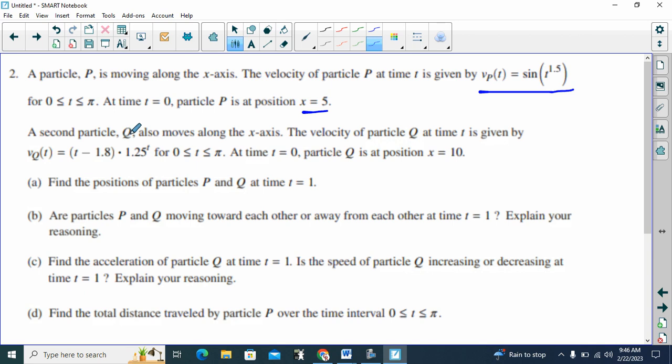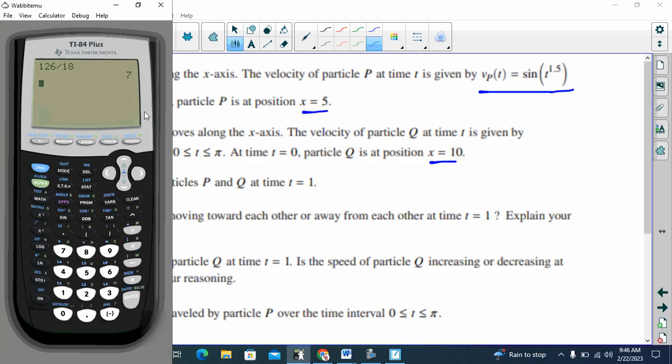It gives us the same information for a second particle Q, different equation for velocity, different starting position. So this is a calculator problem. It certainly would be. So let's go ahead on our graphing calculator. Let's graph y equals the two equations that are given.